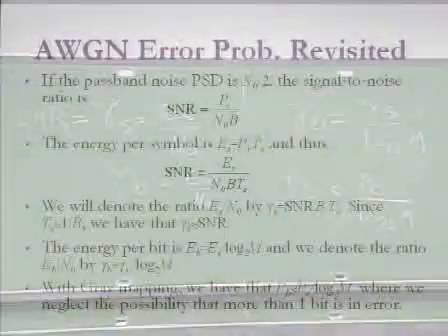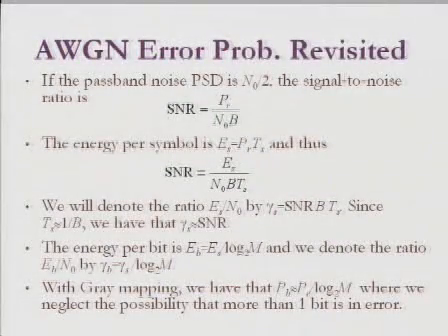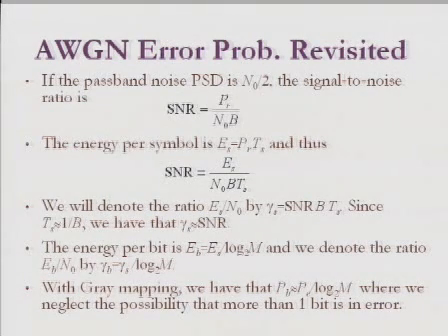Sometimes you may have errors between points that are not neighbors. If you have really bad noise, you may get pushed really far away. But neglecting that chance as small, PB is about PE divided by log 2 of M, and that's pretty close.